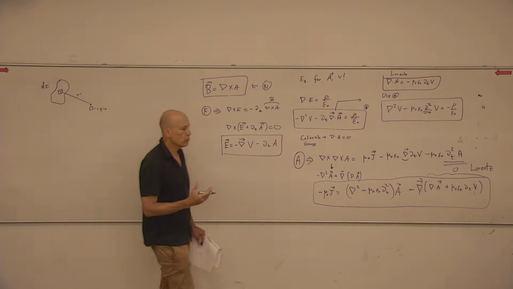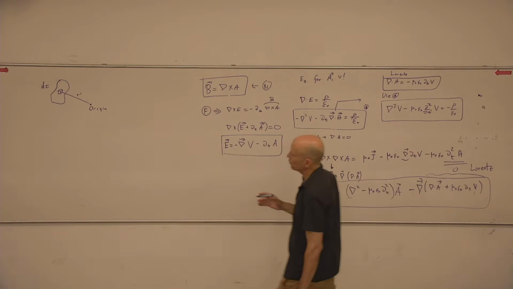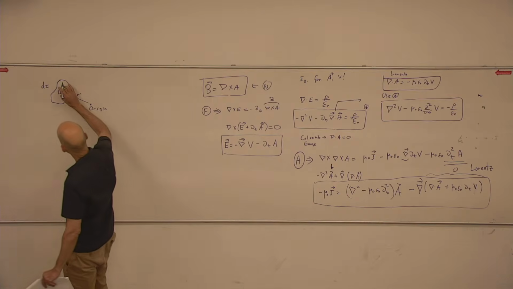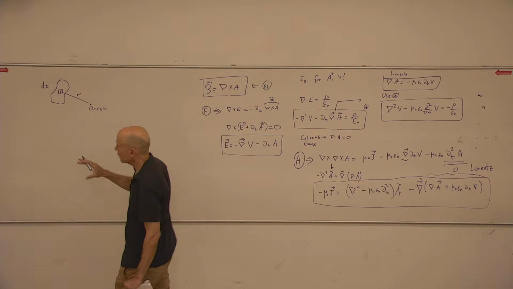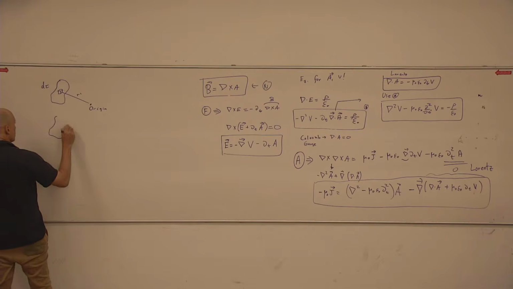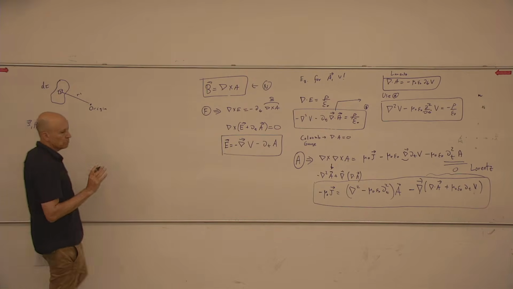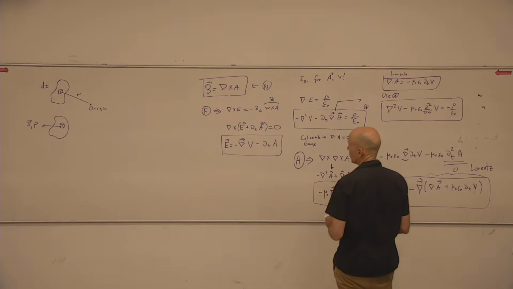The contribution to the potentials A and V comes from a sum over all these boxes that are inside this material. Inside this box, it's the same picture. There is some J, and there is some rho, something that you are supposed to give me in order for me to solve this problem.